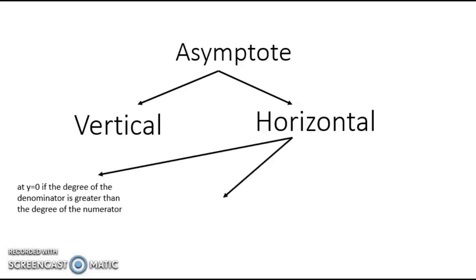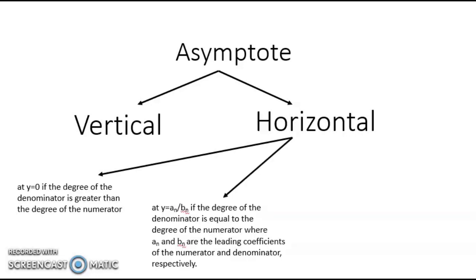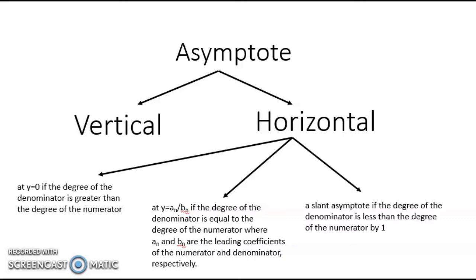And the horizontal asymptote is at y equals a sub n over b sub n if the degree of the denominator is equal to the degree of the numerator, where a sub n and b sub n are the leading coefficients of the numerator and denominator respectively. Okay, a slant asymptote occurs if the degree of the denominator is less than the degree of the numerator by 1.